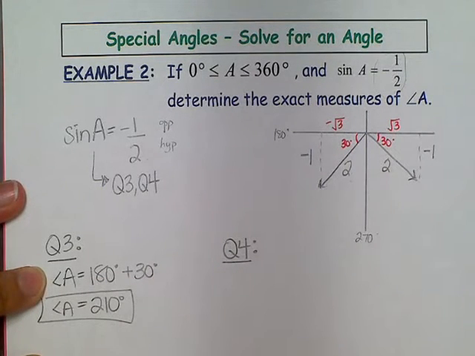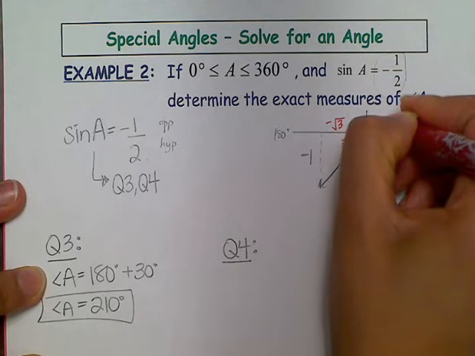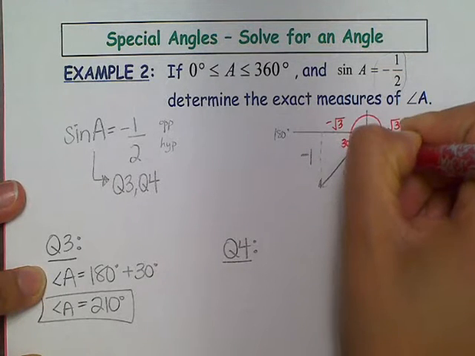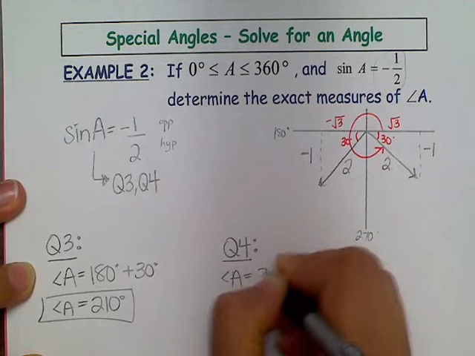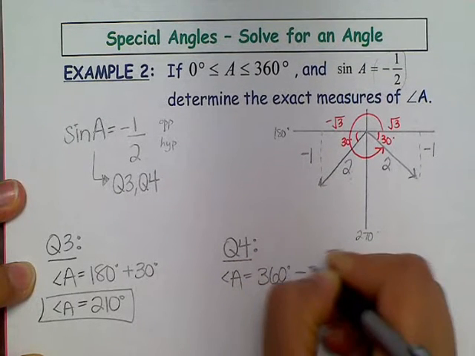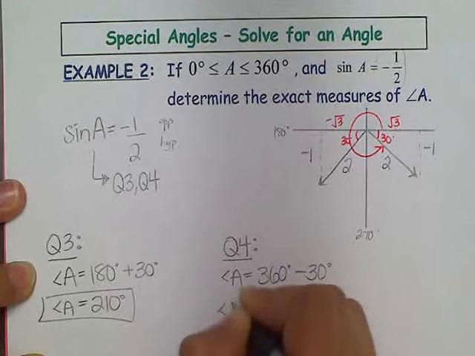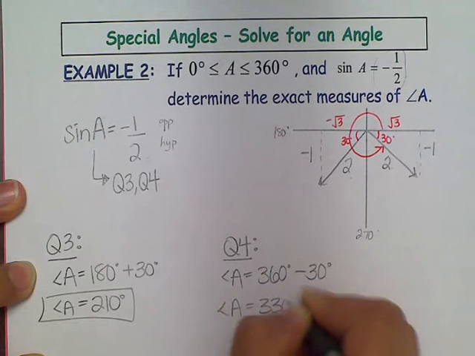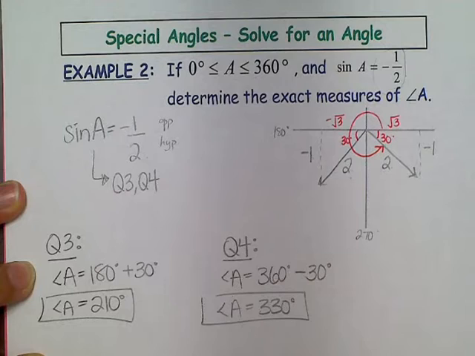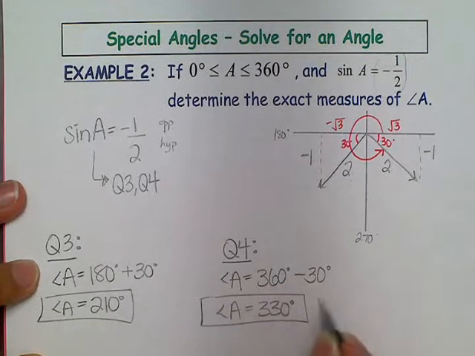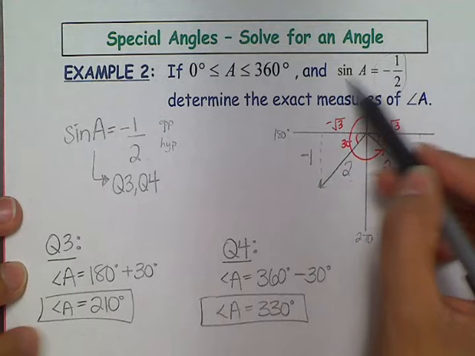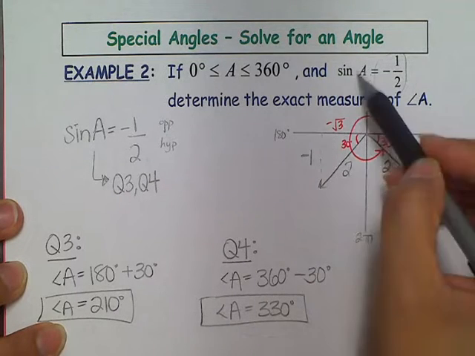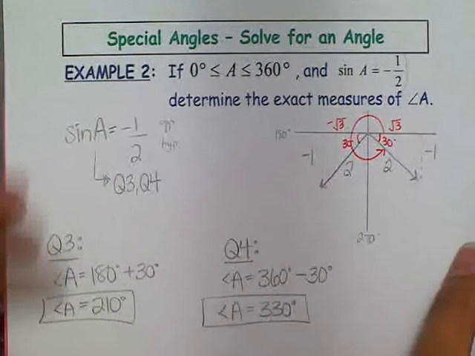And in quadrant 4, this angle is a little bit short of a full rotation. A full rotation would be 360 degrees, and this is 30 degrees less than that. So I get an angle of 330 degrees instead. Okay, so there's your 2 angle measures, and again, you can plug it into the equation here and find sine of 210, you'll get -1/2. Find sine of 330 and you'll get -1/2 again.